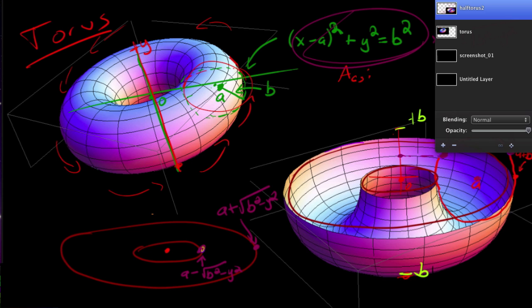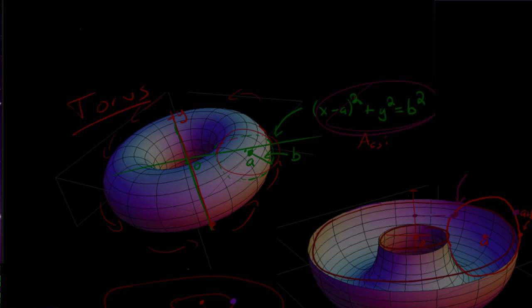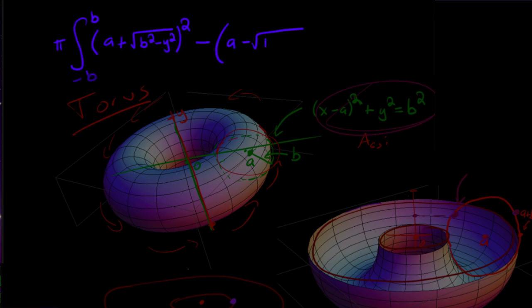So my integral is going to look like the integral of pi, from negative b to b, of the big radius squared, which is (a + sqrt(b^2 - y^2)) squared, since it's pi r squared, minus the small radius, which is (a - sqrt(b^2 - y^2)) squared, all with respect to y. Remember, a and b are constant.